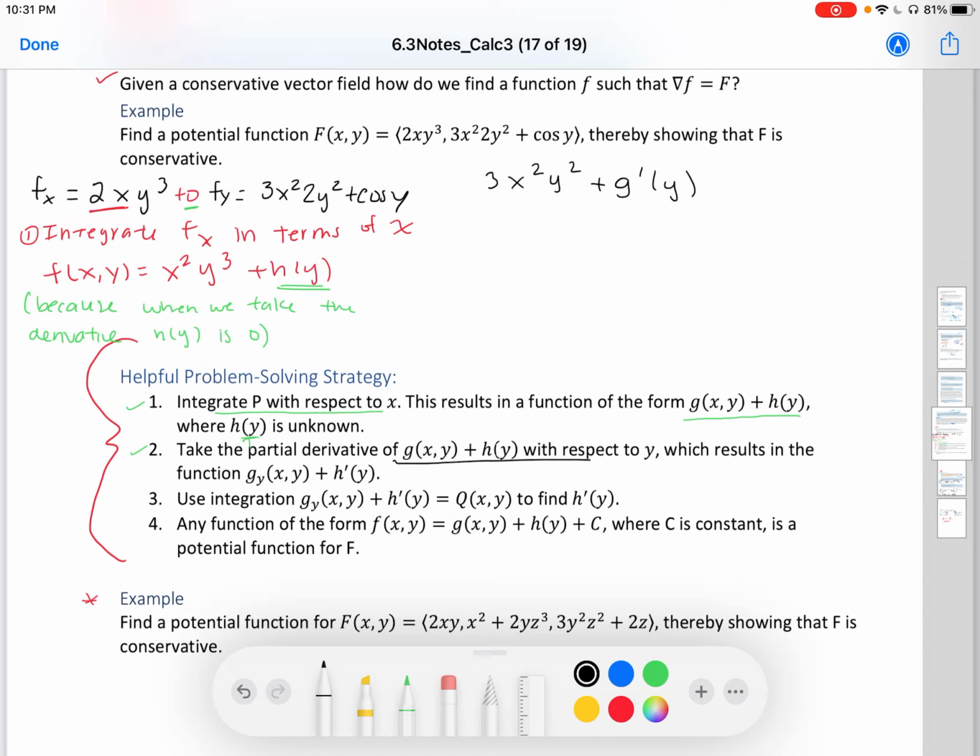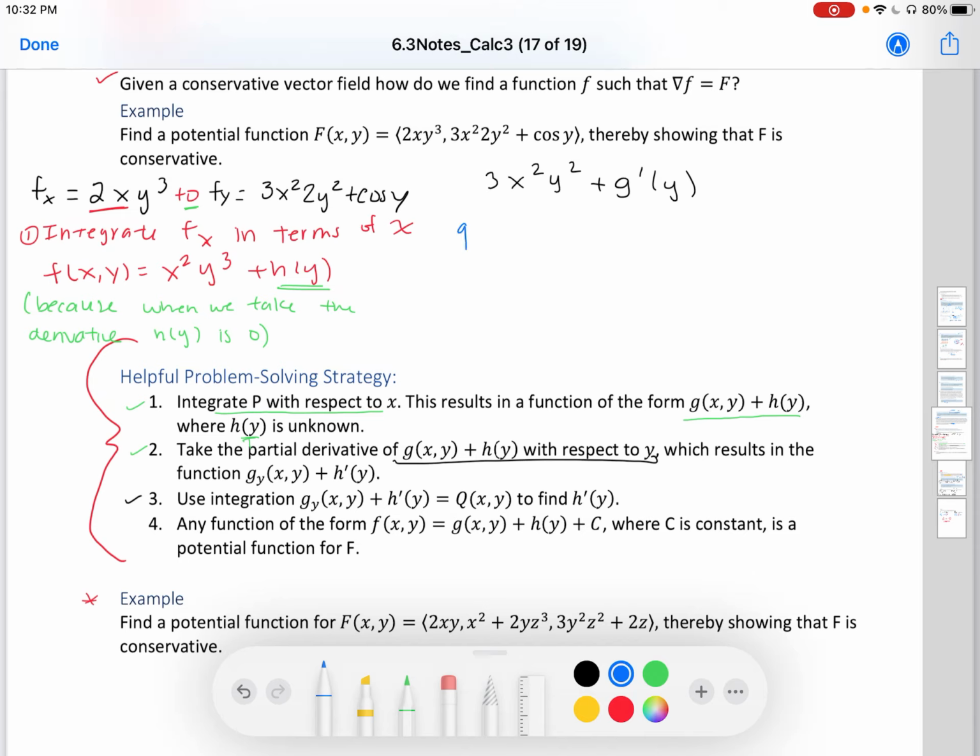So we took our partial derivative with respect to y. Now we're going to go to step 3. Use the equation g y of x comma y plus h prime of y equals q of x comma y to find h prime of y. Or h prime of y, I said that wrong.